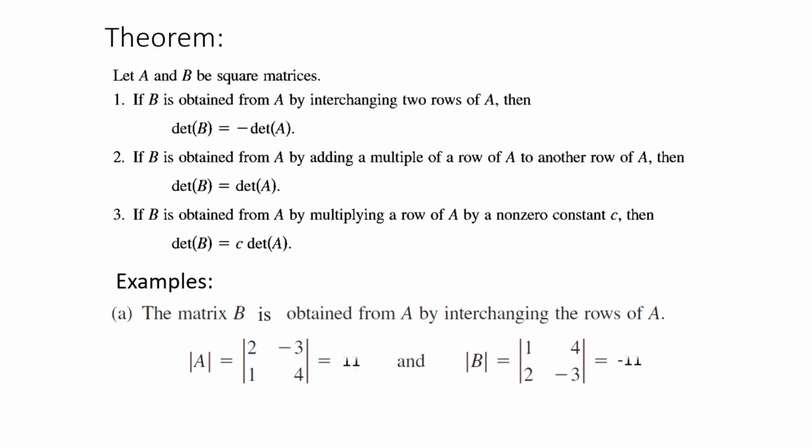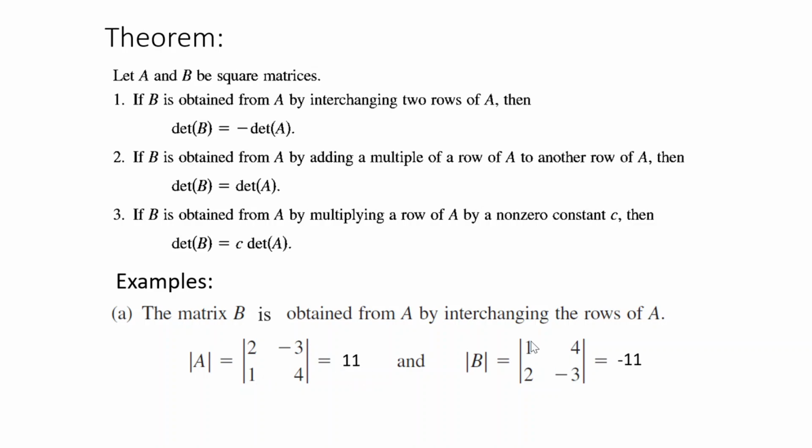For example, we have the matrix B obtained from A by interchanging rows of A. We have here row 1 and row 2, but in this case we have now 1, 4 here and then 2, negative 3. So interchange rows 1 and 2. Now, if we evaluate the determinant of this, we multiply the diagonal, 2 times 4, 8, and then minus the product of the other diagonal, minus negative 3, so that would be 11.